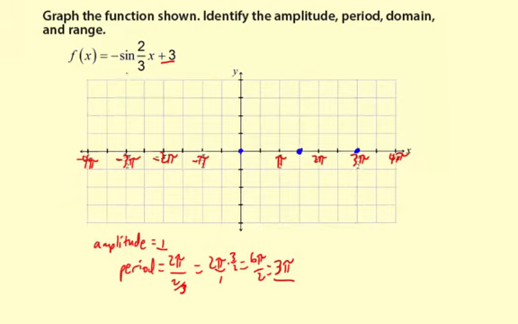And notice how we have a negative sign in front of the function, and that means instead of going up, we're going to start going down first because we have that reflection. And the minimum is going to be halfway in between the 2 zeros. Okay, then the maximum is going to be halfway in between the other 2 zeros, so it'll be like that. Those are our 5 key points.